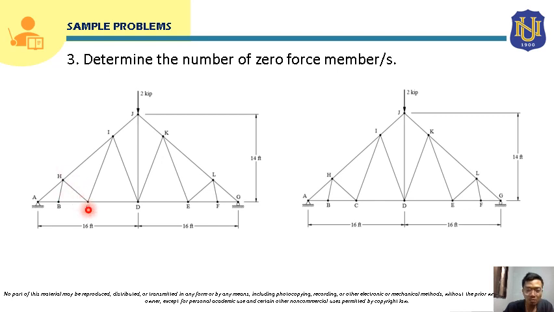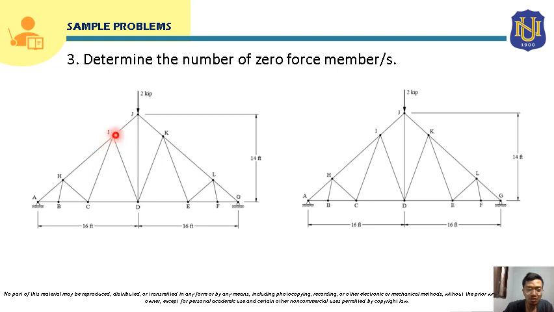So from that, if we proceed to joint C, there will only be 3 members here since we already know that CH is 0. So the members here will be BC, CD, and CI. As we can see here, we can also apply case 2 since there are 2 collinear members here, member BC and member CD. So the member that is not collinear to those 2 members is a zero force member. So member CI is a zero force member.